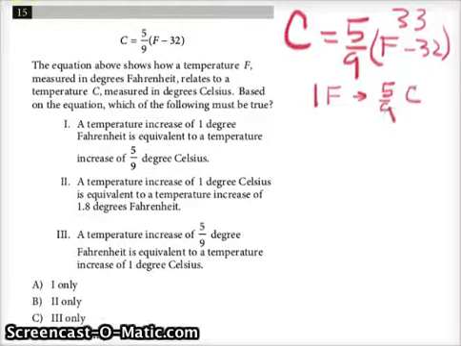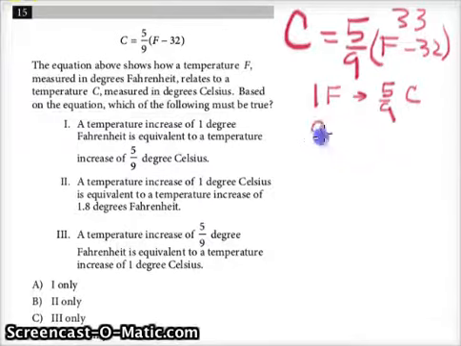Okay. Now, what if the centigrade went up 1? How much would the Fahrenheit go up by? Well, I could solve this equation, but I'm not going to do that with time.